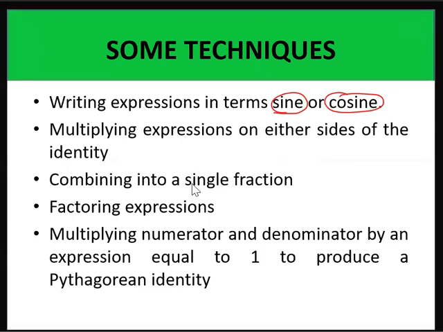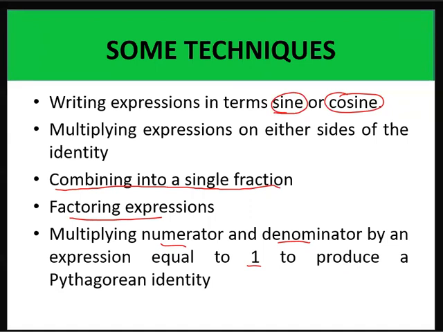Sometimes if we have identities that involve fractions, then we would need to combine into a single fraction. Or sometimes if the expression on the left side or on the right side is factorable, then we have to factor those expressions. And also, in other cases, we might need to multiply the numerator and denominator of a fraction by an expression that is equal to 1 to produce a Pythagorean identity.